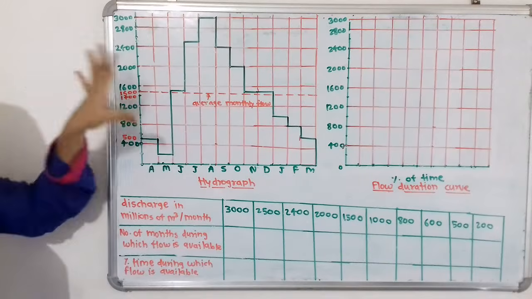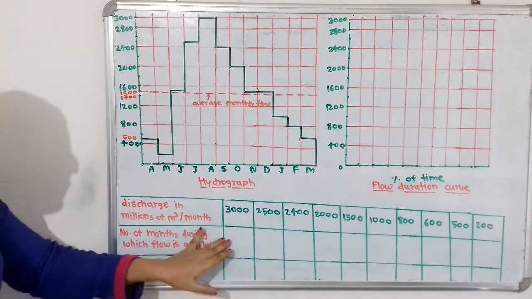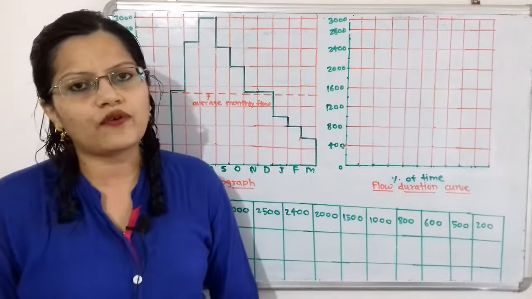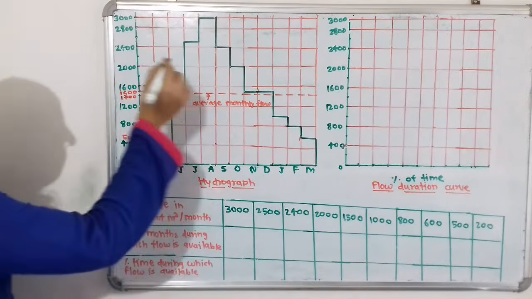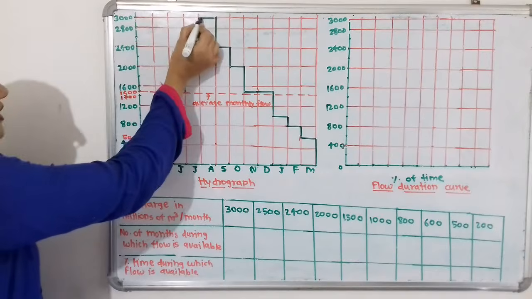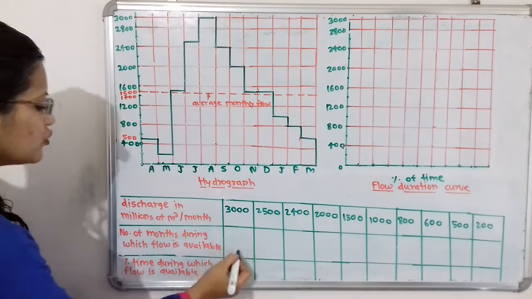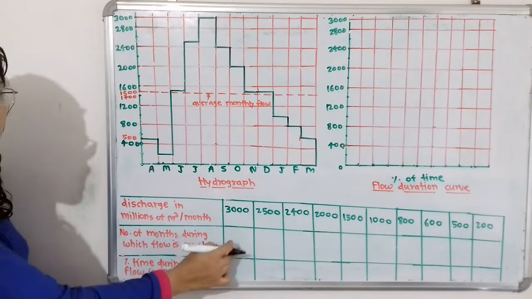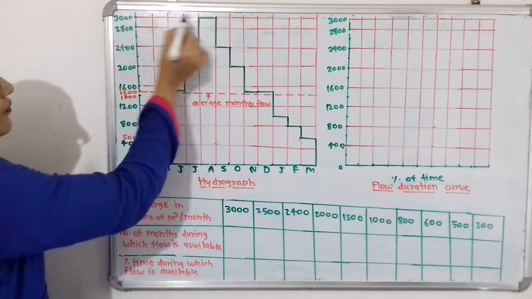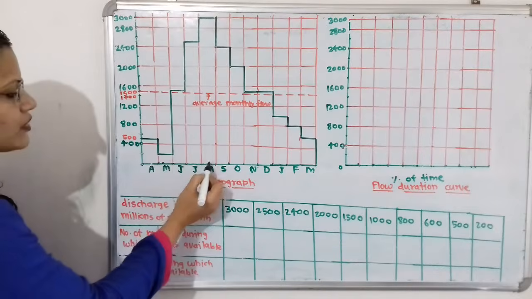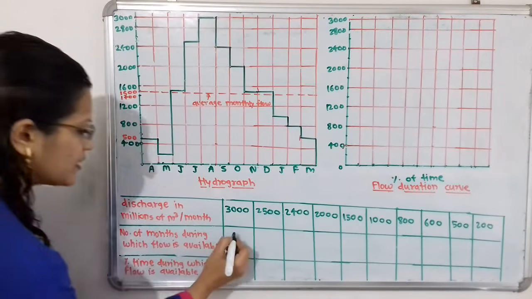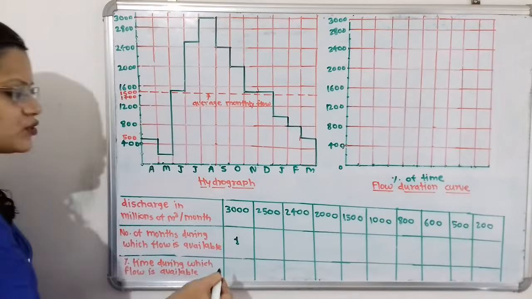So we will observe this hydrograph and write here the number of months. So for this 3000, if we observe here, only one block is getting covered. So one block means 1 month. So we will write here the number of months, that is 1.